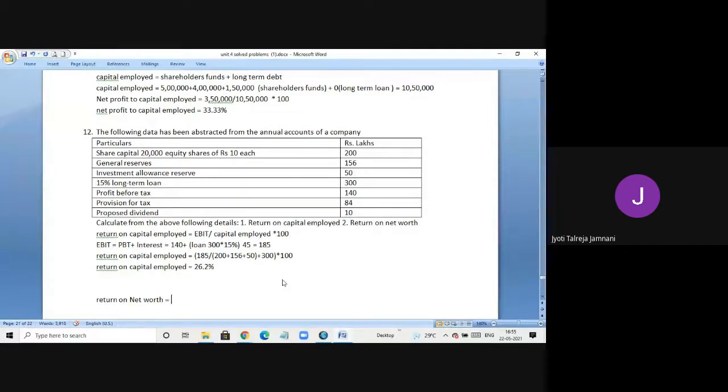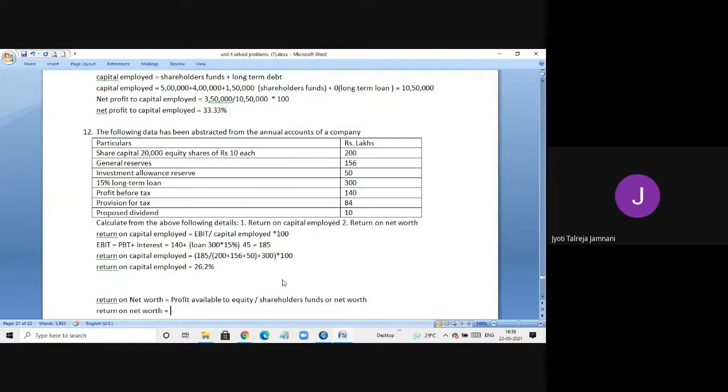So we will take profit available to equity divided by shareholders' funds, or you can also write divided by net worth, because net worth is nothing but the shareholders' funds. Because we are finding return on net worth, that is only for equity, so we are taking profit only for equity. So profit available to equity, how do we find?